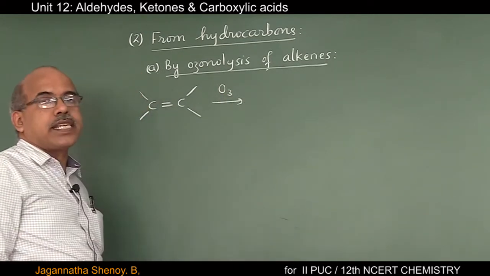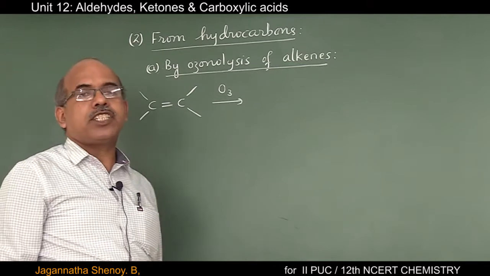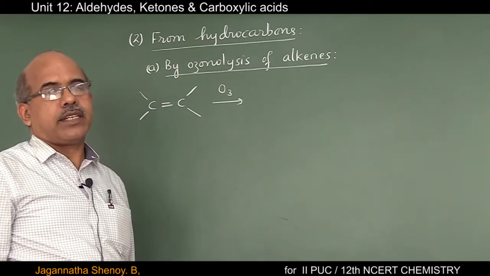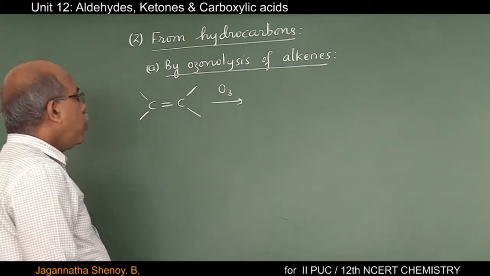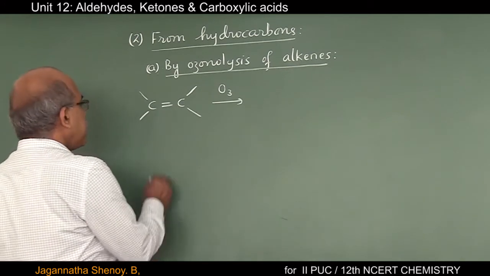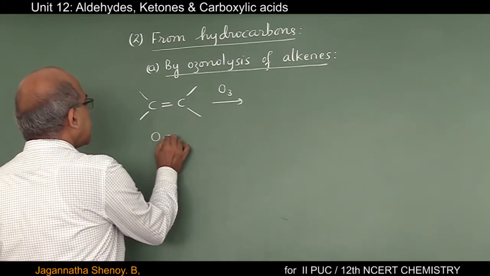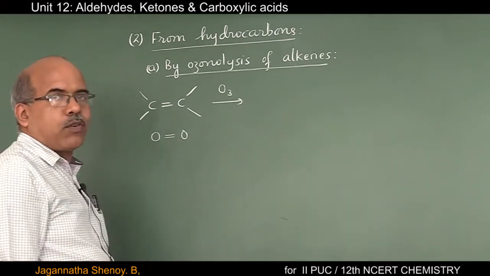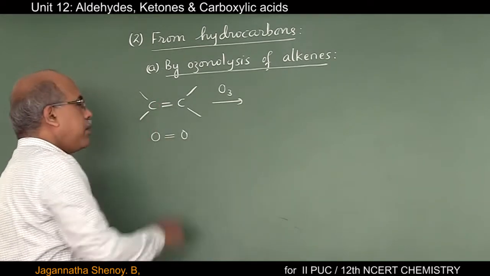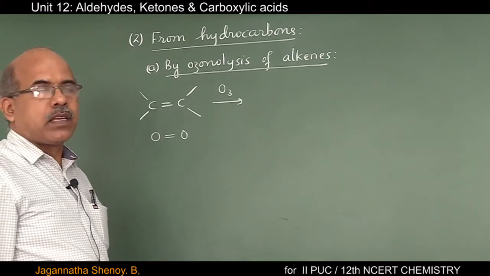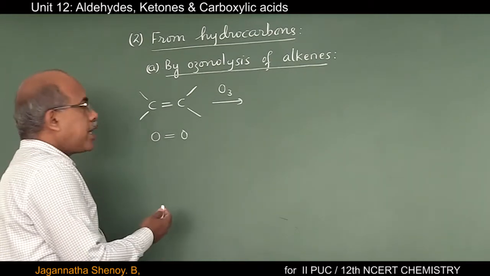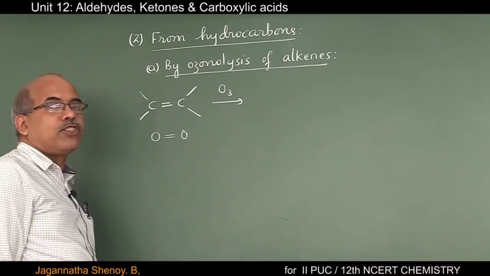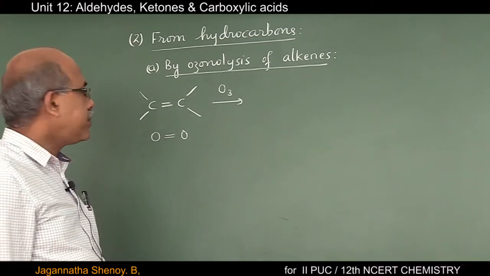How can I consider the formation of the product now? In ozone, to make the concept simple, I'll consider that it is an addition reaction of O double bond O across C double bond C. Now whenever you consider addition reaction, you know that double bond should become single bond.